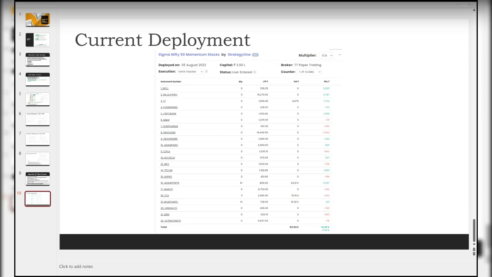Okay, so right now 1x is 50,000, that's what you said, right? Yes, at 1x it is 50,000 rupees for one script, and then it will divide up as per the prices. So let's say Nestle is 20,000 rupees. It will take 3 shares of Nestle. So only the rest, 20,000, will be available for the rest of the eligible stocks.